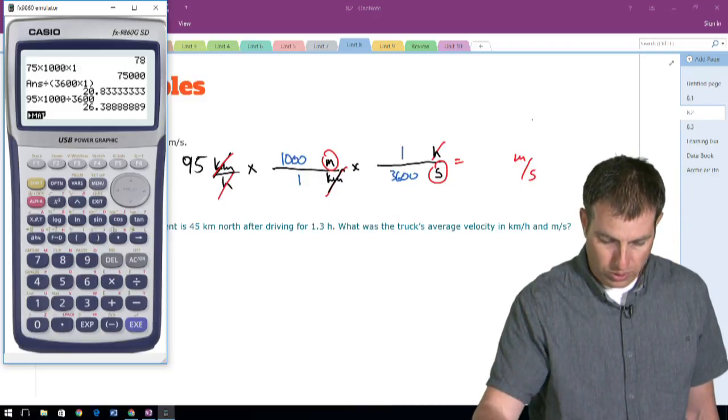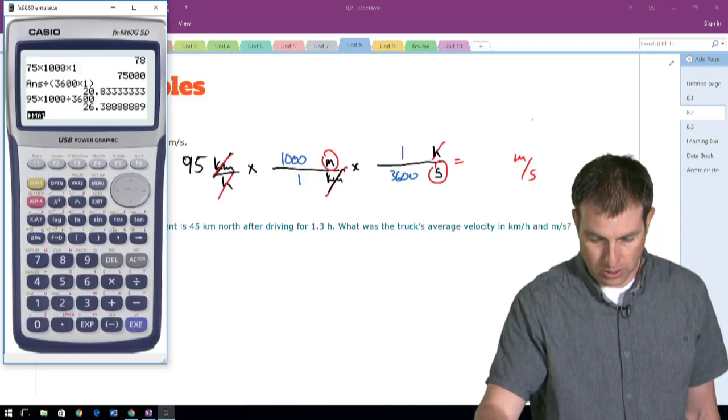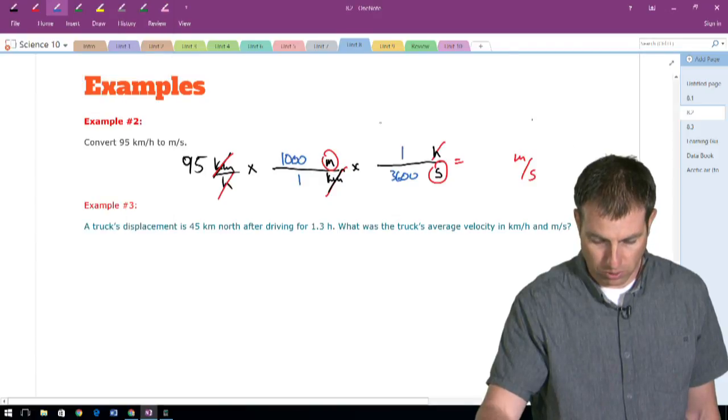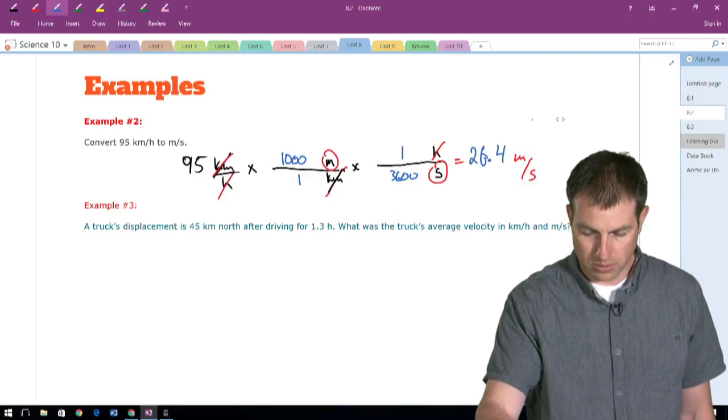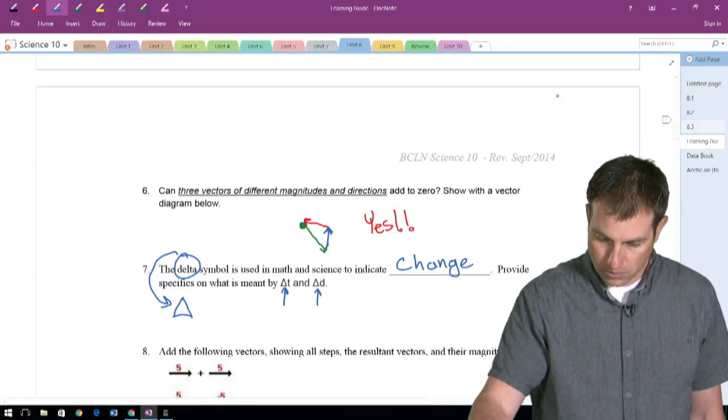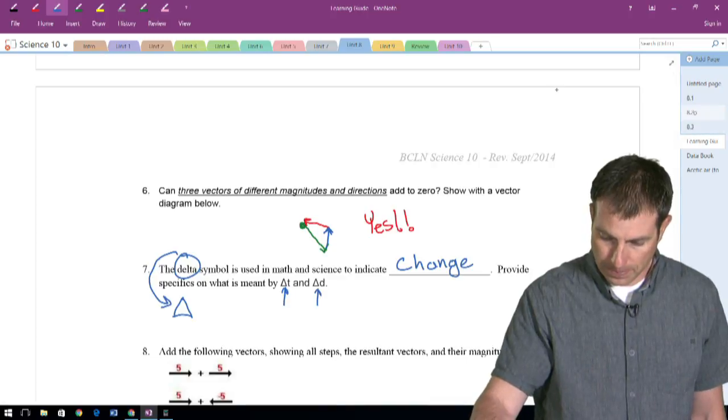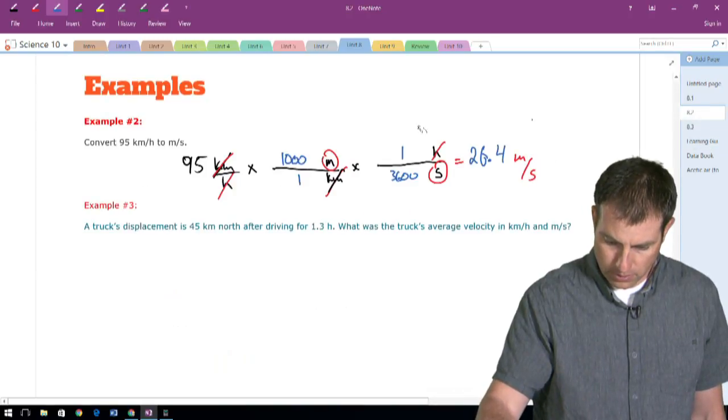And I end up with 26.38, we'll call it 26.4 meters per second. That wasn't what I was hoping to happen.